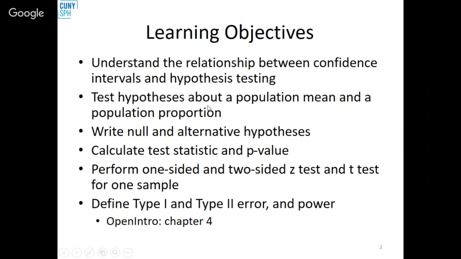We're going to talk about the null and alternative hypotheses with some examples of calculating test statistics and p-values using the standard normal distribution and the t-distribution for one sample. And I will introduce type 1 and type 2 error to you and just start on power, which we'll get into more in the next class.